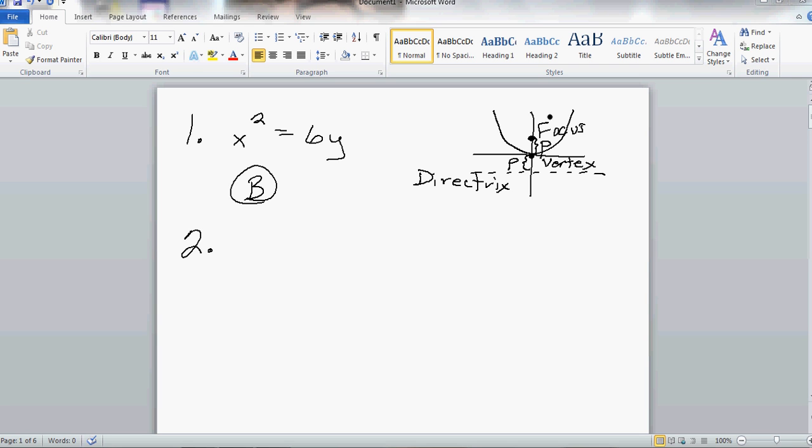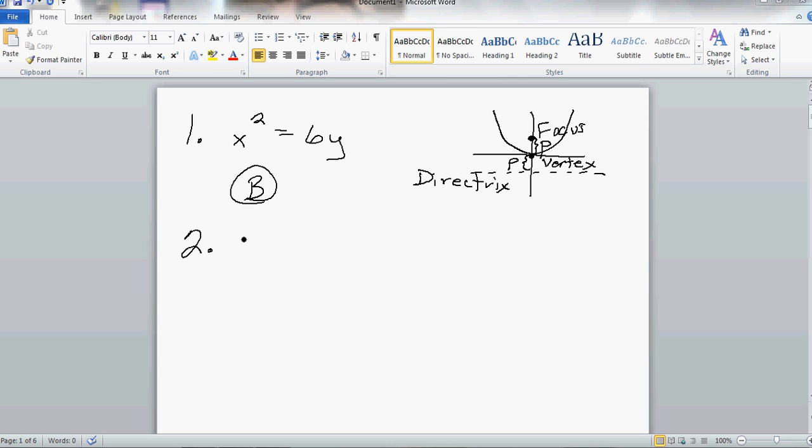I'm not going to spend the time to do that, but realize that if we would take a string here, the distance from the focus to a point out here will always be equal to the distance from that point to the directrix. And that's how a parabola is defined.